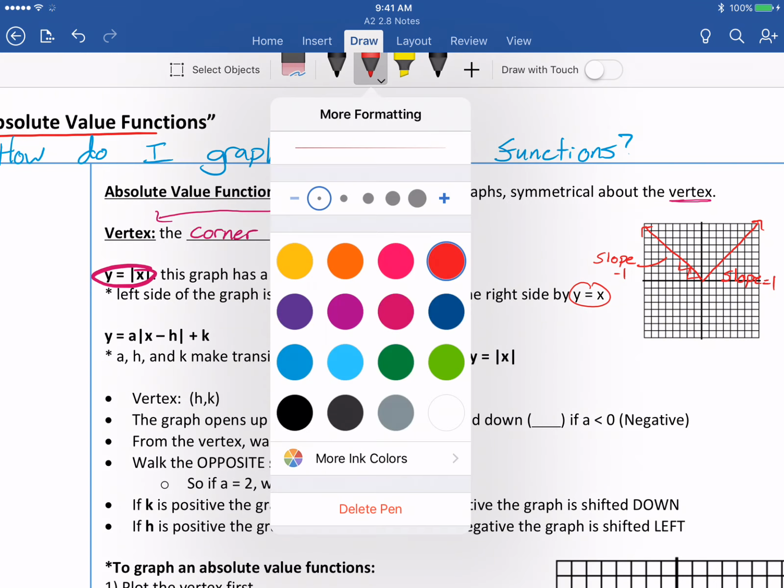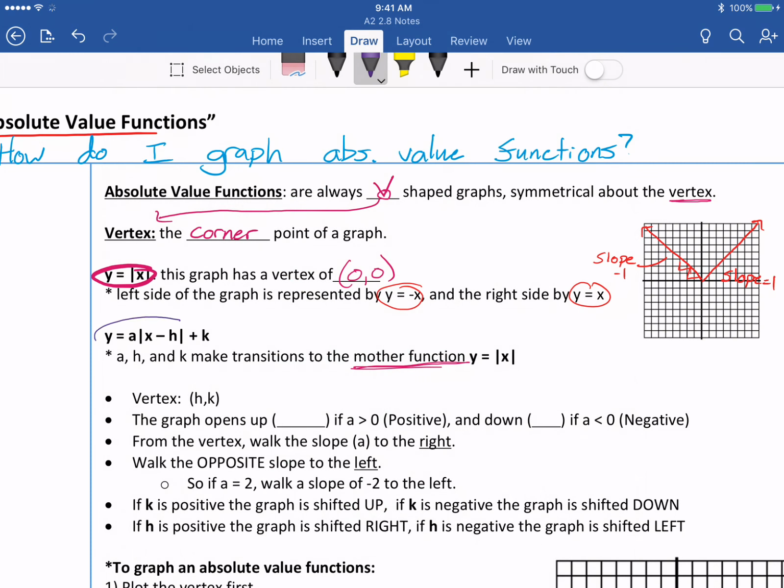All right, this guy right here, we are looking at y equals a times the absolute value of x minus h, plus k. I kind of like to put this h in parentheses because we always have to look at whether it's going to be positive or negative, and we're going to look at that a little bit here. So this a, h, and k always make translations to this mother function.